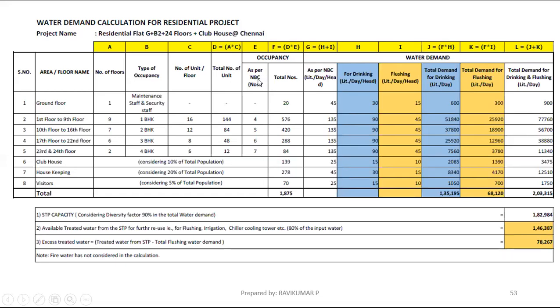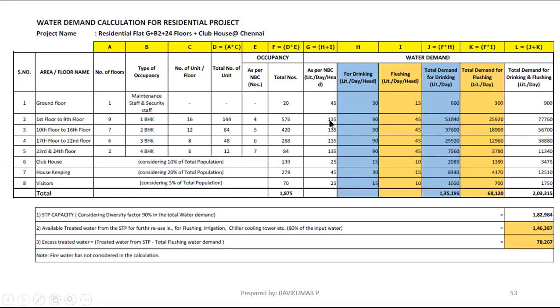E is, as per NBC, the number considered: 4. So 4 into 144, 576. The total number of people from the first floor to the ninth floor is 576 people.